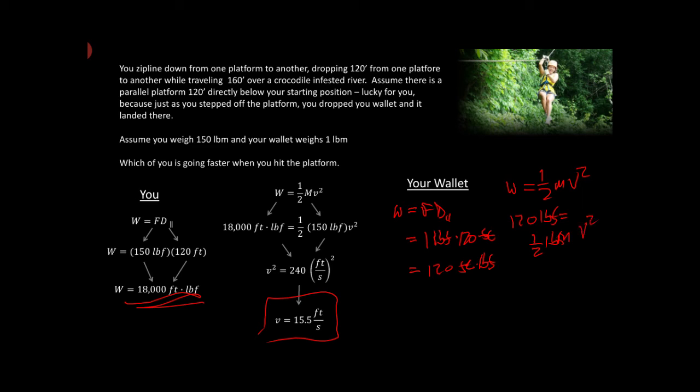And that means that v squared is equal to twice 120 divided by 1, which is 240 feet squared per second squared. But is that right? Seems like that ends up being exactly the same speed.